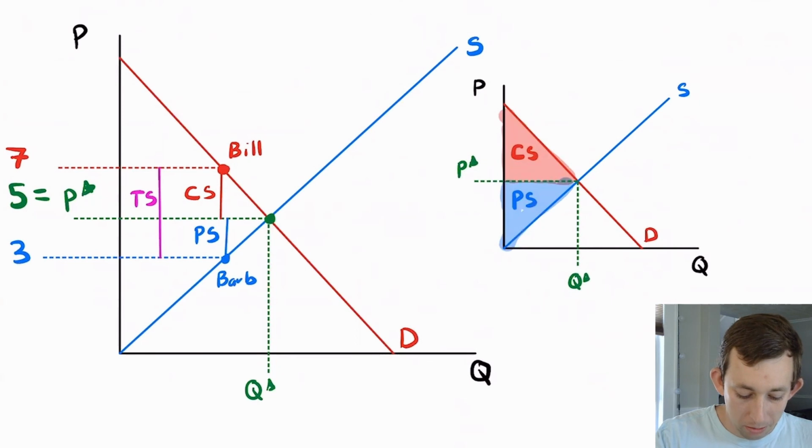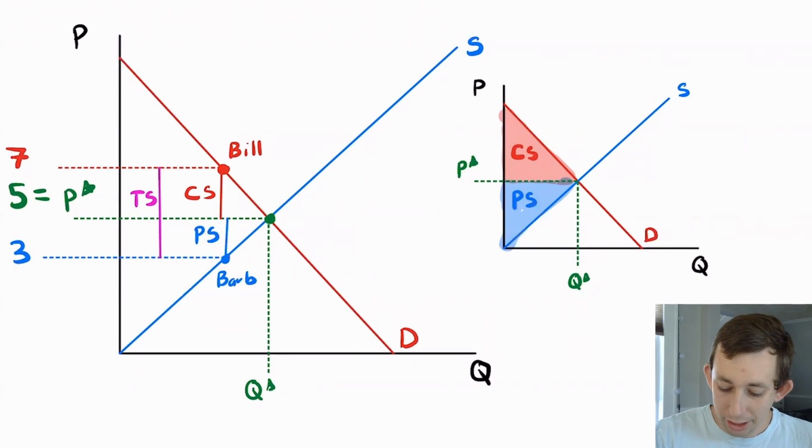But Bill and Barb are right here. Notice that since this demand curve represents willingness to pay, here's Bill with his willingness to pay of 7. Here's Barb with her willingness to sell of 3. The difference is the total surplus of that $4. The portion above the equilibrium price is Bill's consumer surplus. The portion below the equilibrium price is Barb's producer surplus.